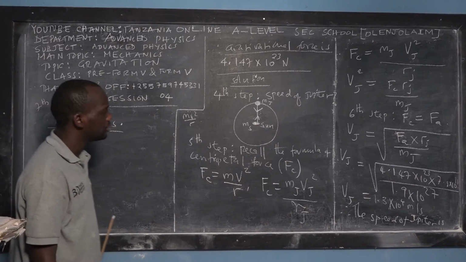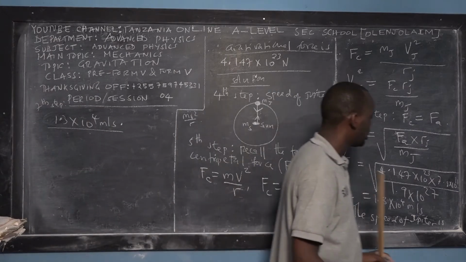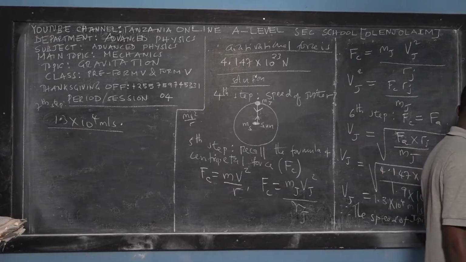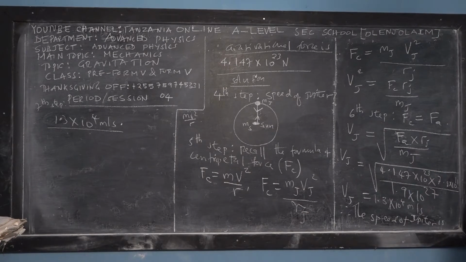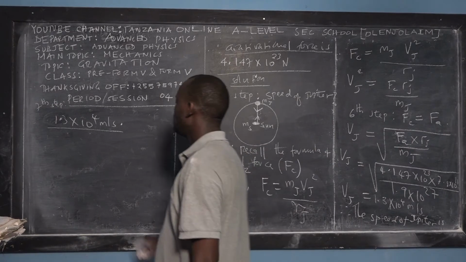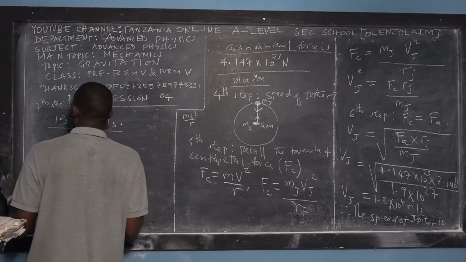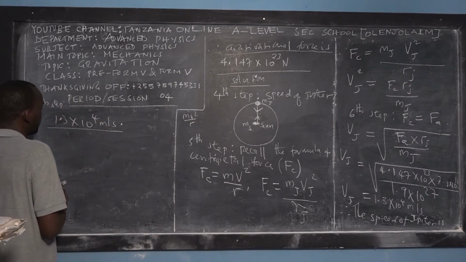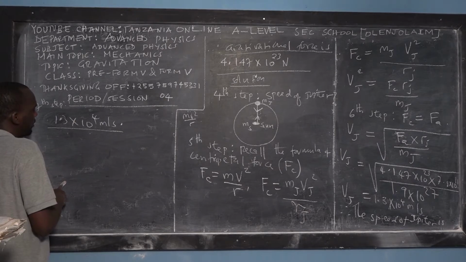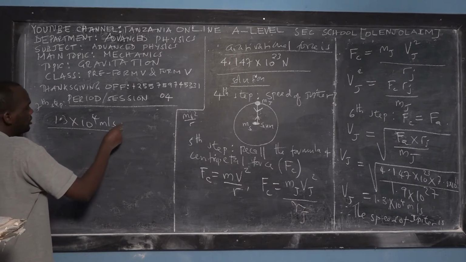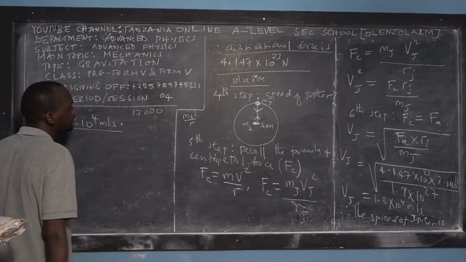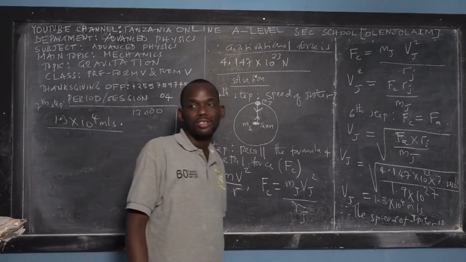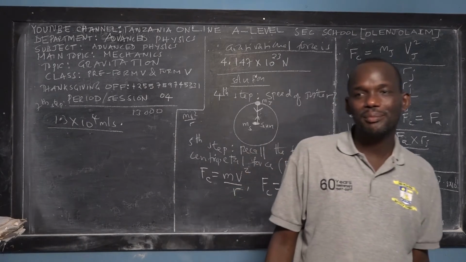So that's the speed of Jupiter around the Sun. So if you eliminate this exponential sign, then this is equivalent to 13000 meters per second.